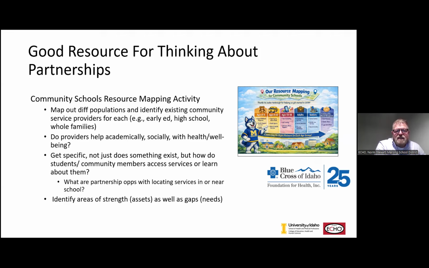And then to get specific, not just that something exists, but how does it help the students? How does it help the community members access the services? It's not about just identifying and saying yes, they're out there, but how do you help them learn how to access them? And so, how do you move them forward with that? What partnership opportunities are out there, and what's the best way to make that tie to make sure your students and your families can access them?